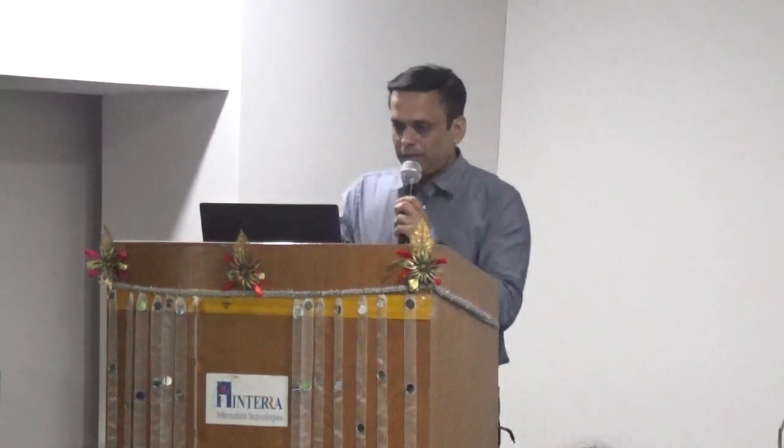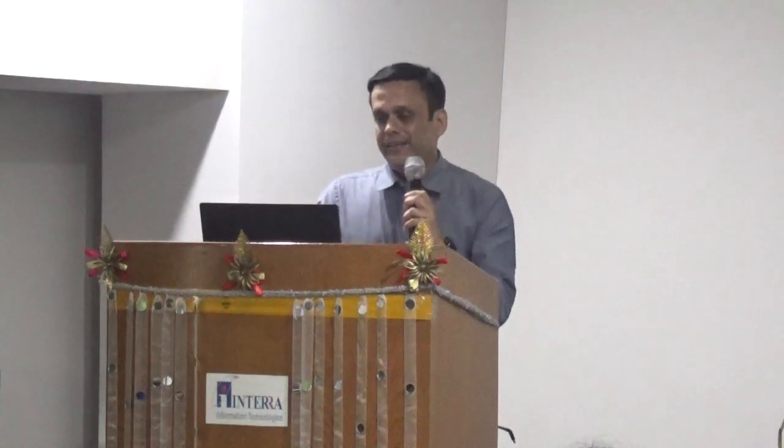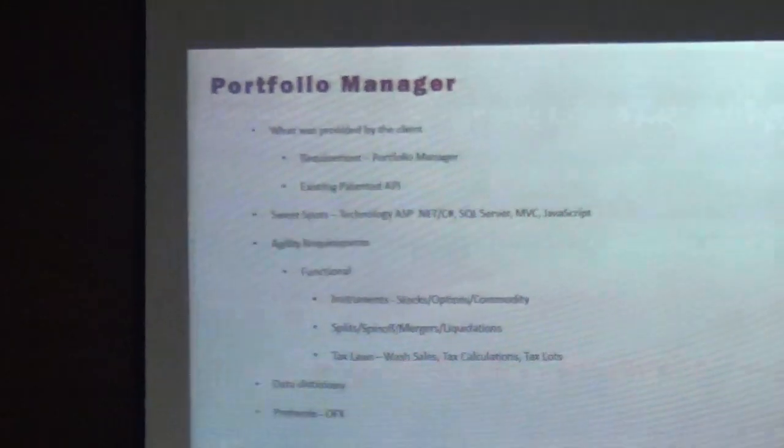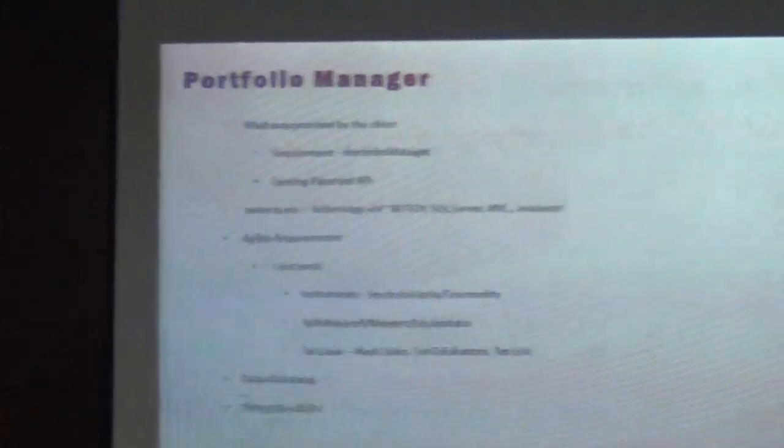Moving on to a different project. This was a very interesting project. The complete set of requirements that the client gave us was, we want a portfolio manager. That's it. And they also had a patent on calculating cost basis, so they gave us access to their API, which calculated the cost basis.